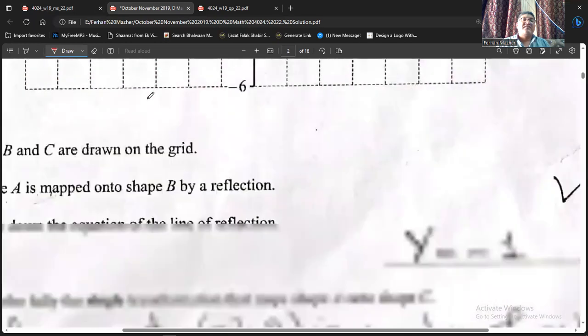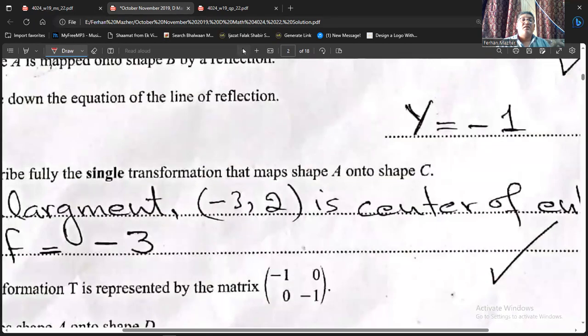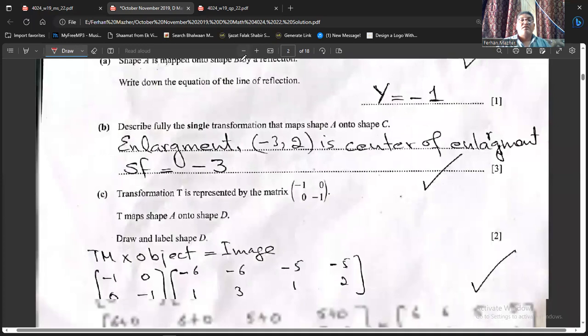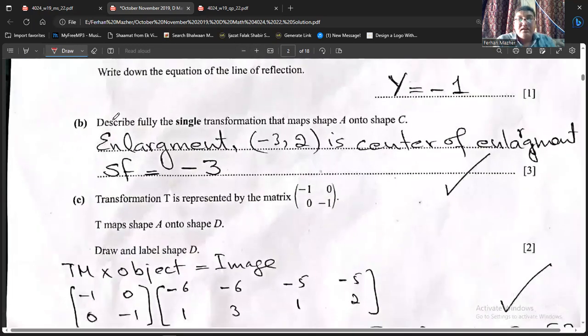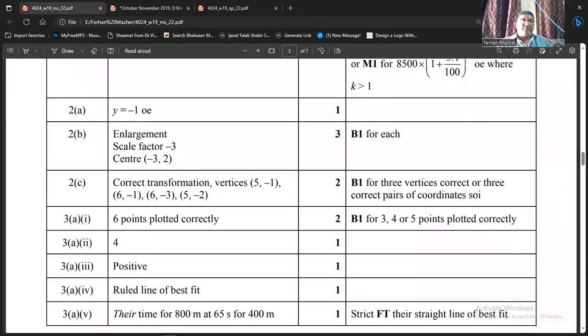So now I can write here: this is an enlargement, (-3, 2) is the center of enlargement, and the scale factor is -3. So you can see here, our answer is right.